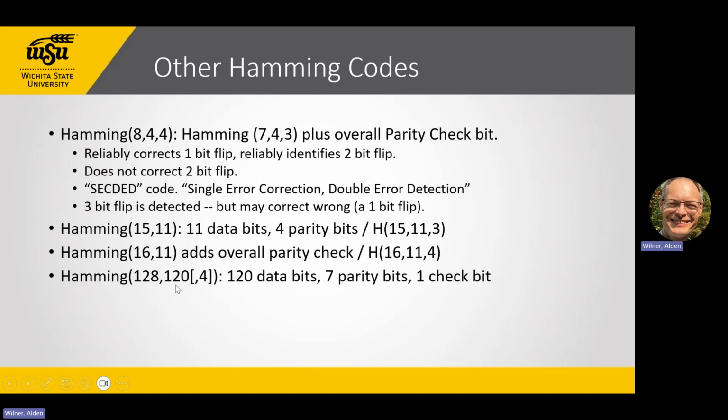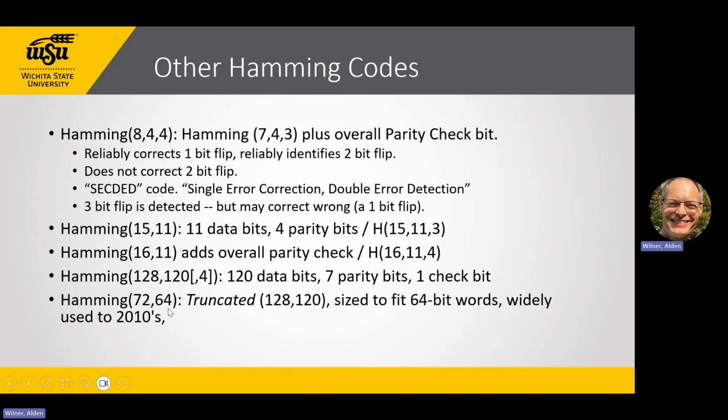Hamming 128,120,4 has 120 data bits, 7 parity bits. You see, the bigger the amount of data we protect, the less parity grows, right? Parity grows like the logarithm of the number of data bits. And it has an overall check bit, which makes the Hamming distance 4.